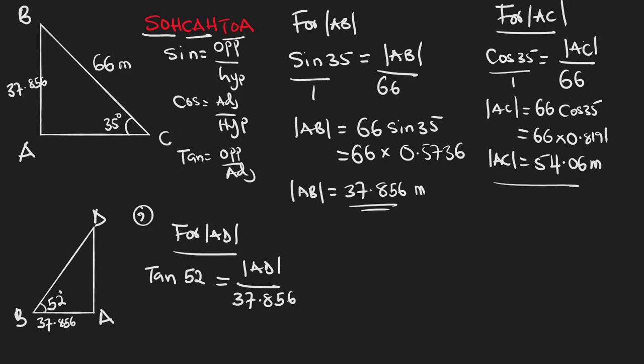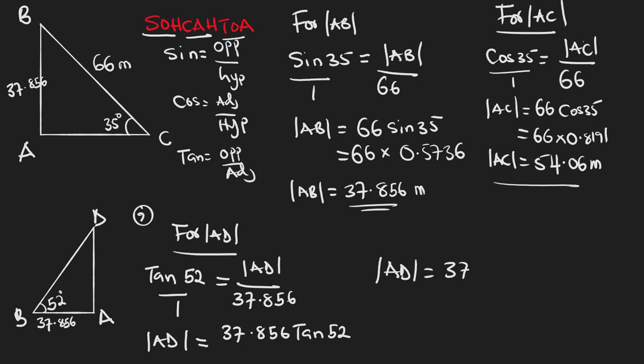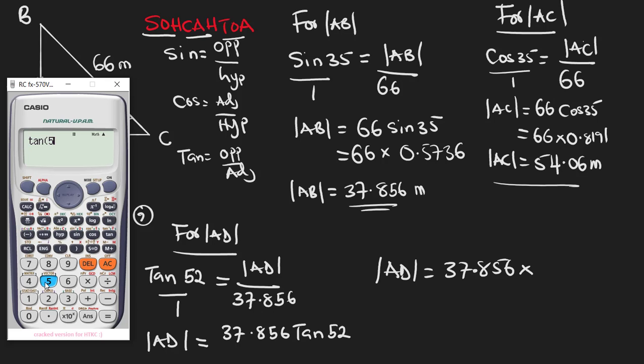So if you cross multiply now, balance this with 1 and cross multiply, we're going to have that our line AD is equal to 37.856 tan 52. So this one is going to give us that our line AD is equal to 37.856 times, so let's find tan 52, which is 1.2799.